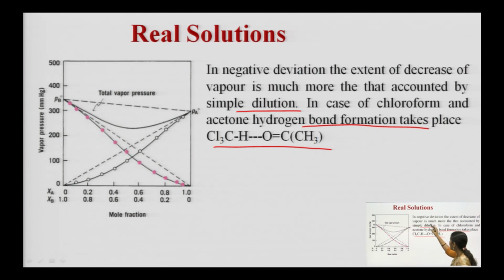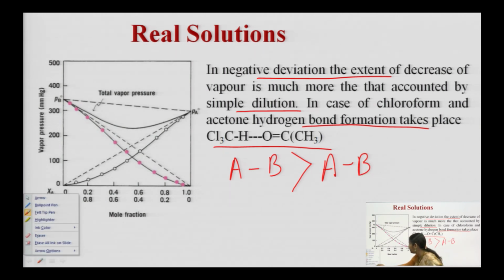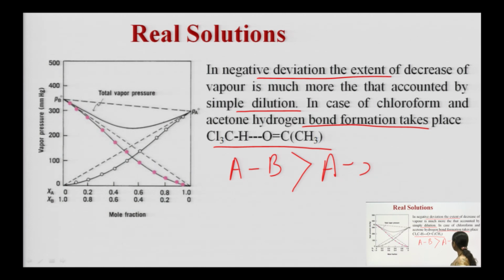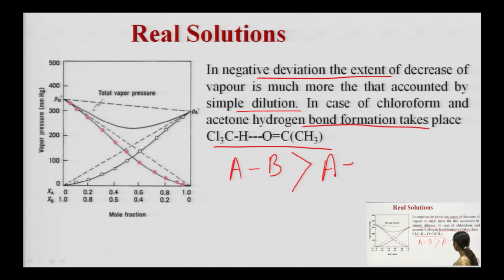So, this shows negative deviation, and in case of negative deviation, the attraction force between the solute and the solvent is much greater compared to the attraction force between solute molecules or solvent molecules.